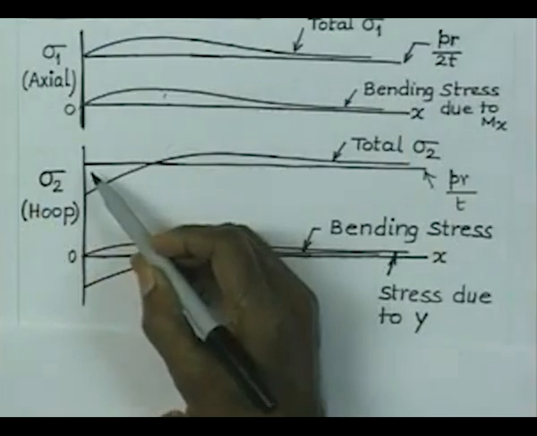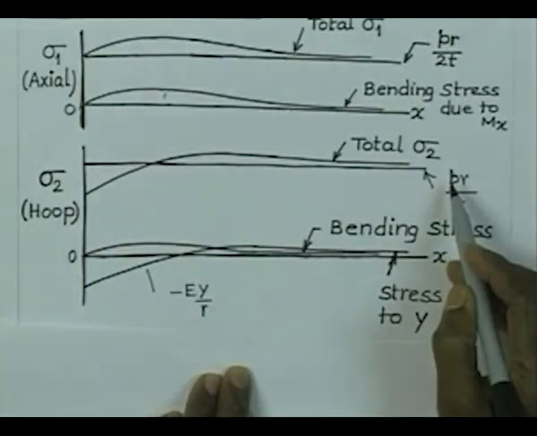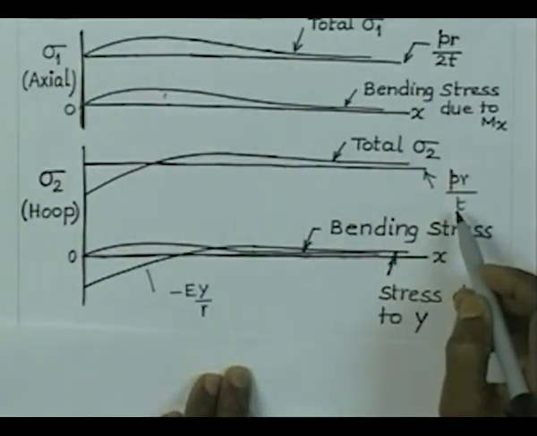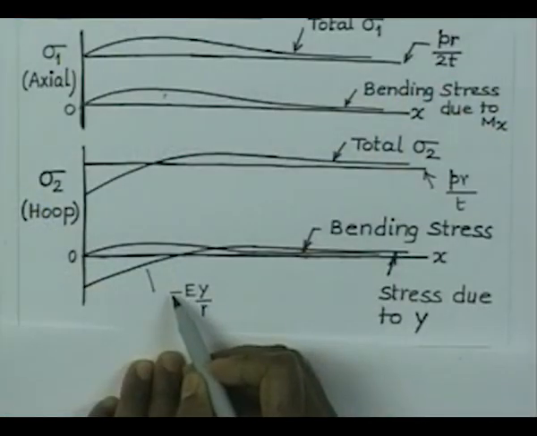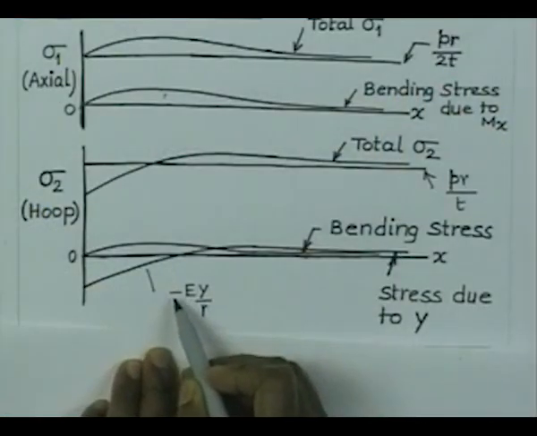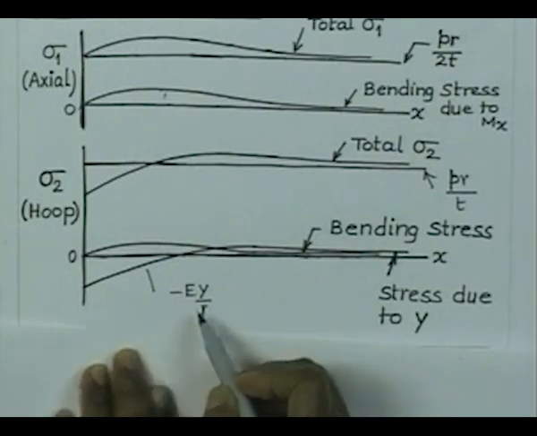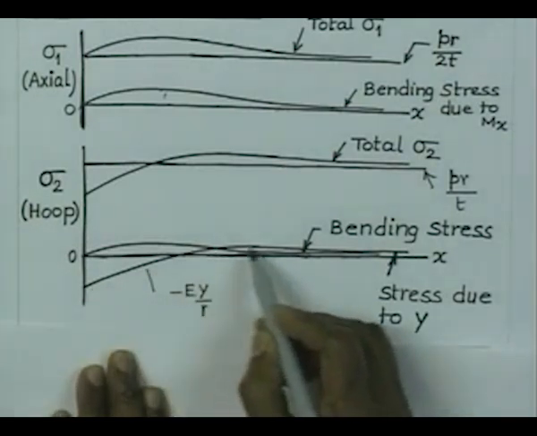Similarly, if we consider the stress in the circumferential direction due to pressure, we are going to get this stress sigma 2, which is PR by t. Since in the radial direction there is movement towards the center, there will be compressive stress in the circumferential direction, which is of magnitude minus Ey by r, and this is the variation of that stress.